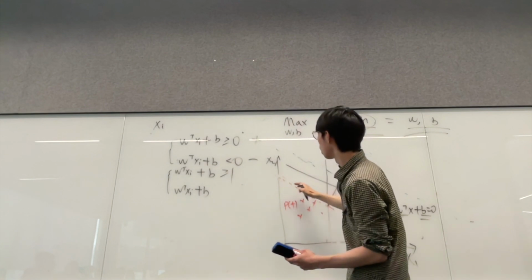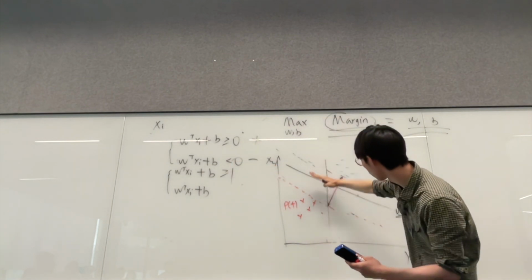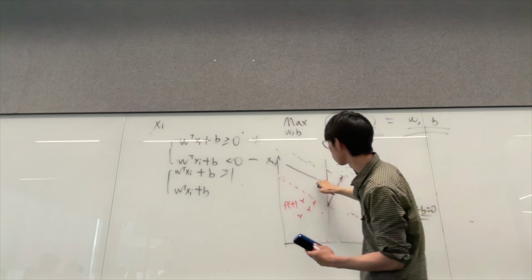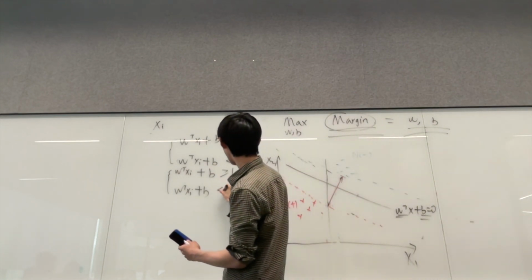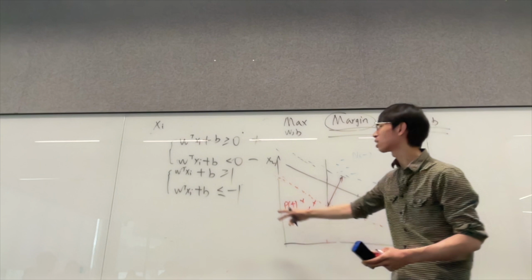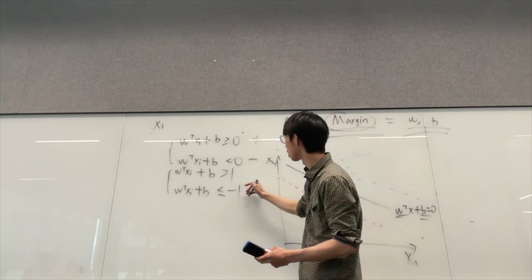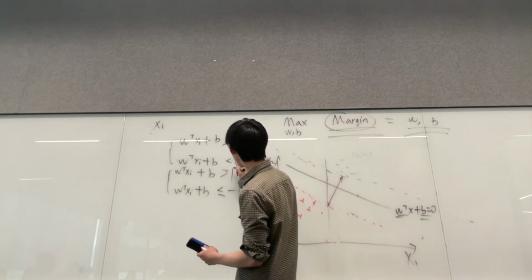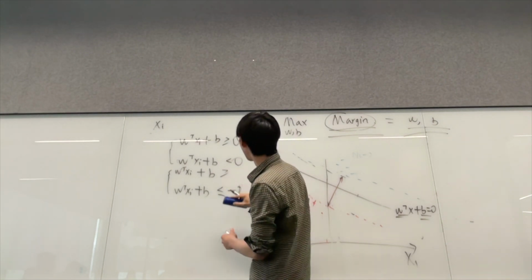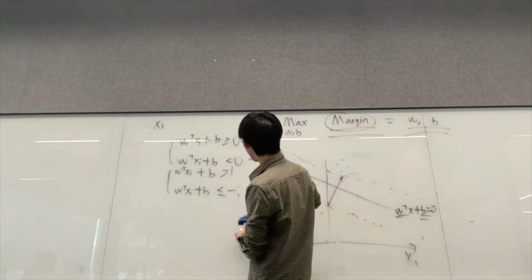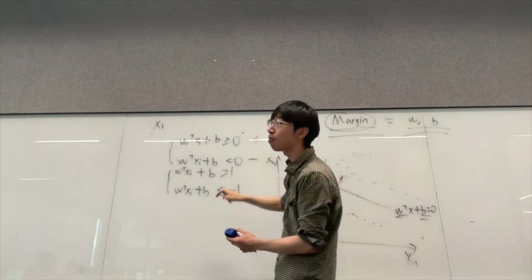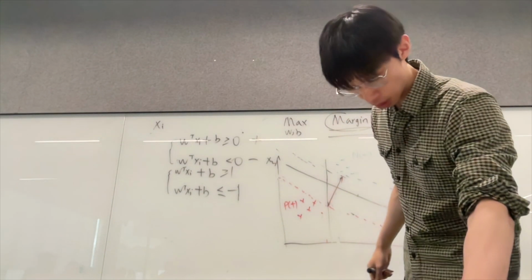If we go for this line, down below this one, it should be less than or equal to minus 1. I just define some value here. It can be 2, it can be 3, right? In the original paper, the author defined it as 1, so I also put 1 here.